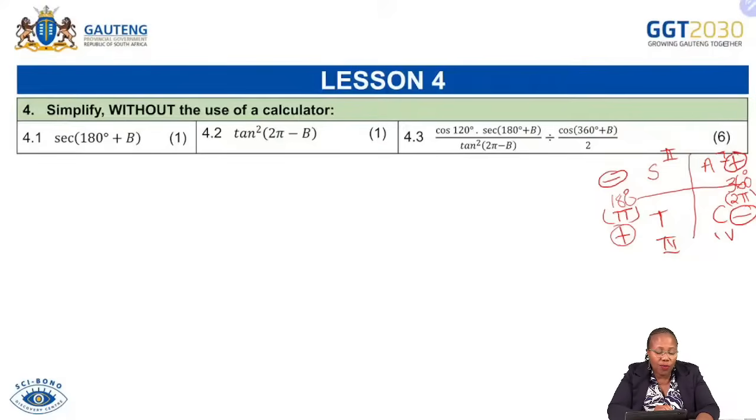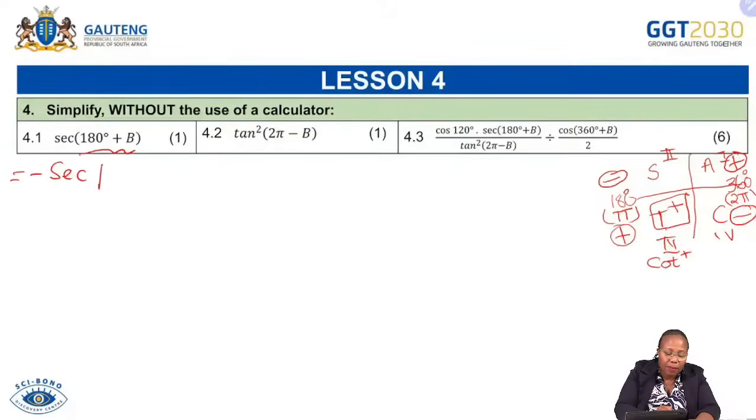Then now, for the first one, they say, simplify sec 180 plus beta. Remember now, a sec goes with a cos. That means we are in this quadrant now. We are in quadrant 180 plus b, okay? 180 plus b is this quadrant. In this quadrant, it's only tangent that is positive and its reciprocal of which is cot. So now if sec goes into that quadrant, it will be negative sec b.